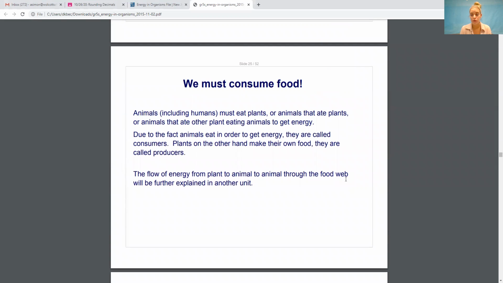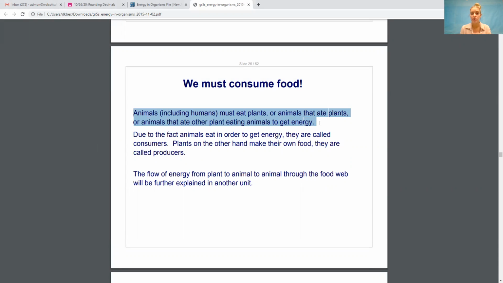So we must eat food, okay? As humans, we know that. So we must consume food. Remember, consume means to eat. Okay, so animals, including humans, because we are animals as well, must eat plants or animals that ate plants or animals that ate other plant-eating animals to get energy, okay?